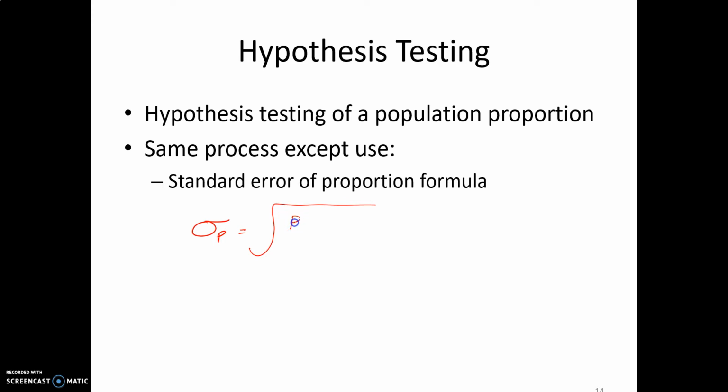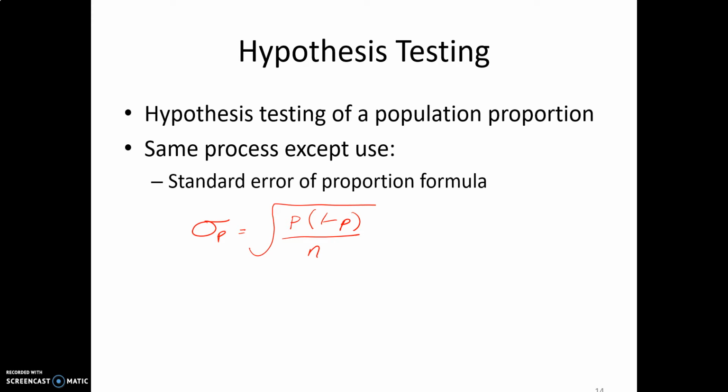The standard error of the proportion is going to equal the square root of the population proportion times 1 minus the population proportion, over n. So that is what we need to calculate as a standard error. We can do that before we calculate Z, or we can do that as part of the Z formula.